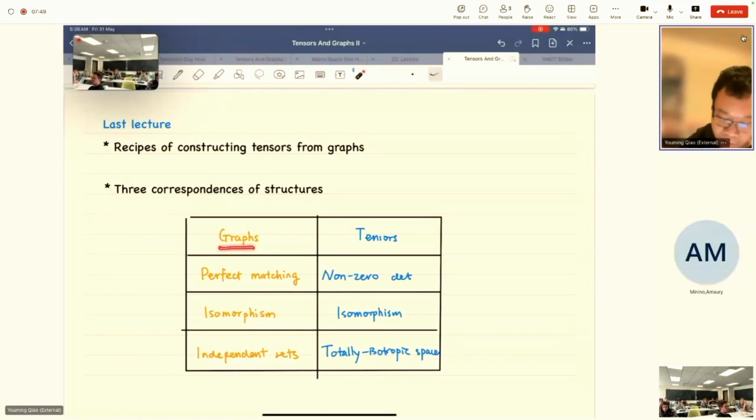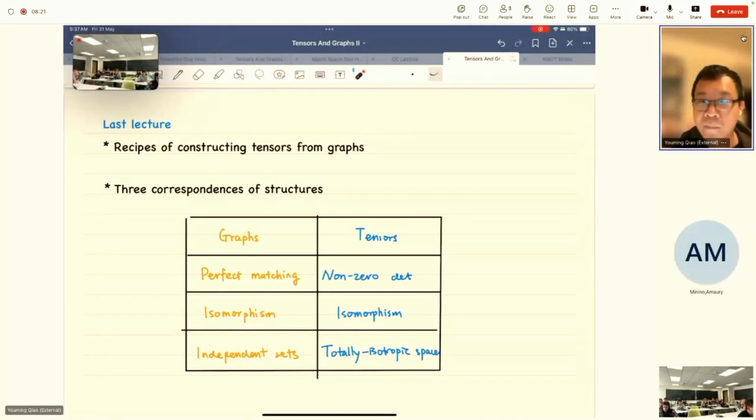For graphs, we have the classical one, the perfect matching, and on the tensor side, that basically could trace back to Edmonds' work about a non-zero determinant. And we also see the correspondence between graph isomorphism, relabeling the vertices so that two graphs become the same, and tensor isomorphism, where you do change of basis in three or more directions so the two tensors become the same. Finally, there are also independent sets on graphs and totally isotropic spaces.